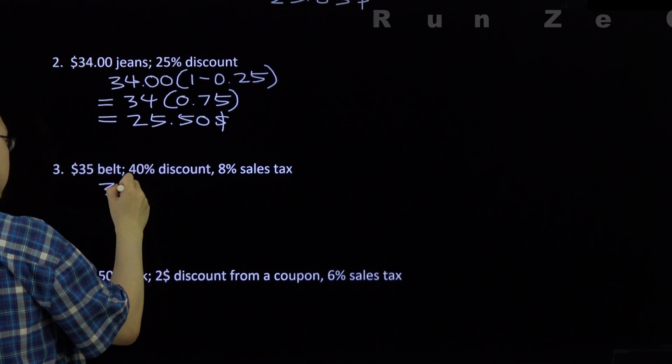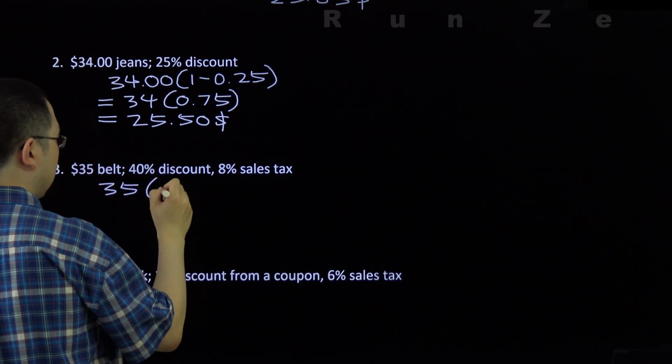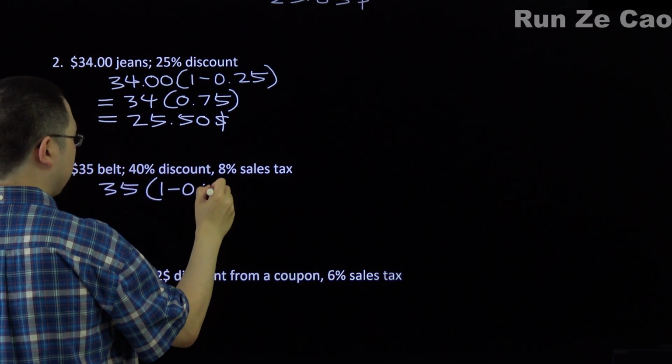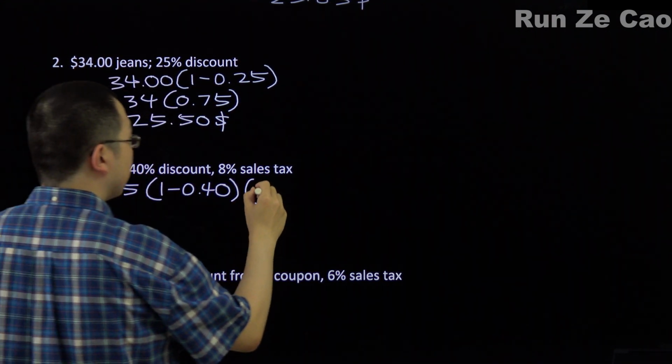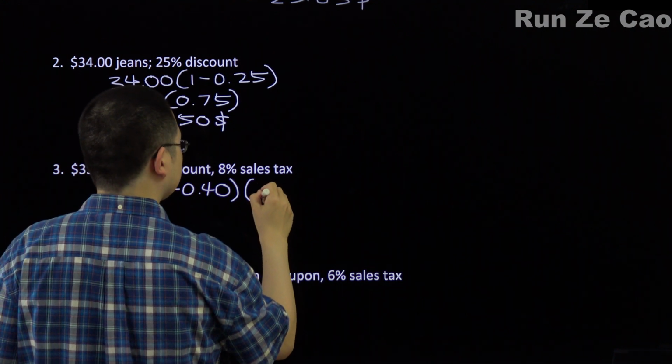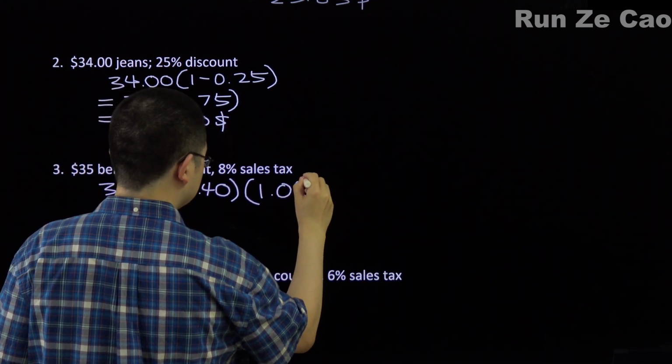Okay, what about a $35 belt with a 40% discount and 8% sales tax? That's $35 times 1 minus 0.40, and then you multiply by 1 plus 0.08, or just 1.08.